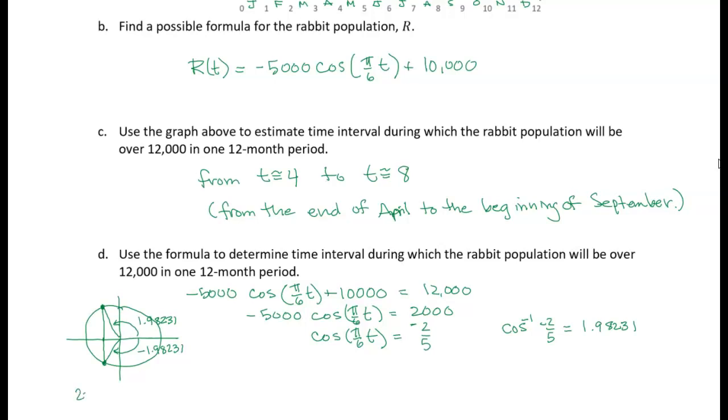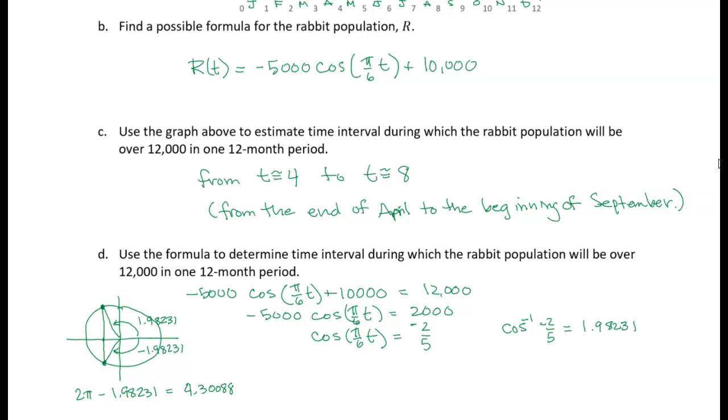So I'm going to take 2 pi and subtract 1.98231. And when I do that, I get 4.30088. Okay. All right, so we actually have 2 values.